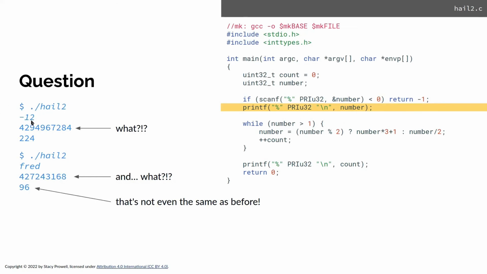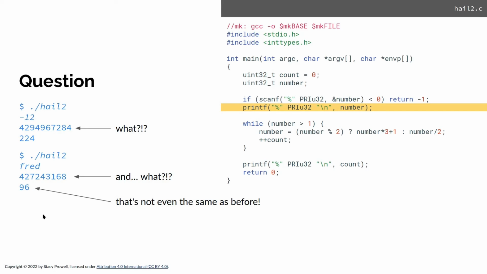For -12, we get that number. That's the number it thinks it's read, and the answer is 224. For Fred, we get this number, and that's the number it thinks it read, and the answer is 96. So those are kind of wild.